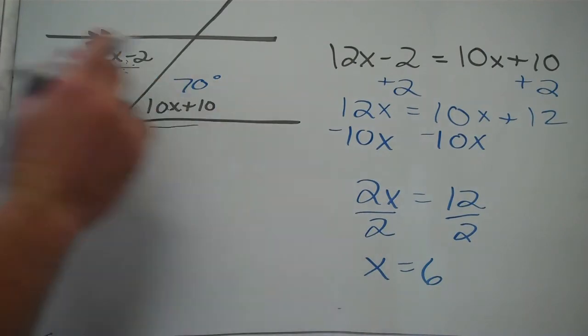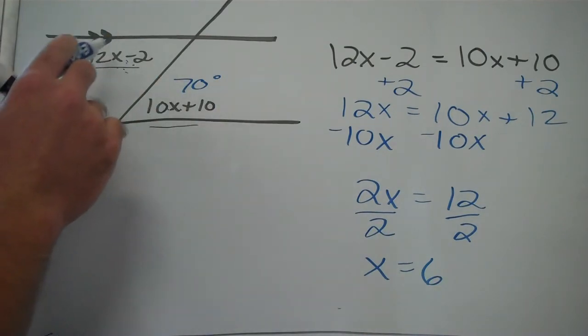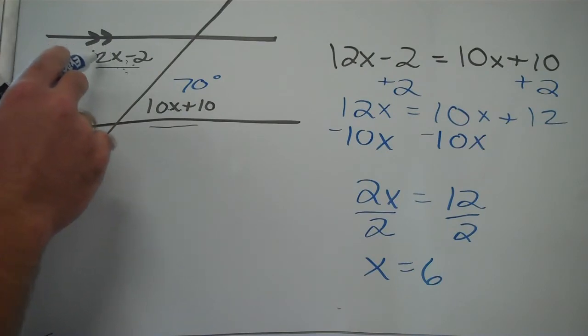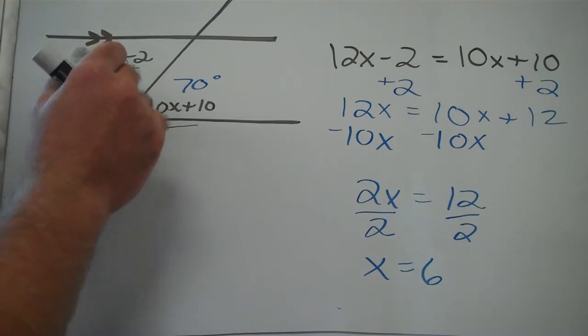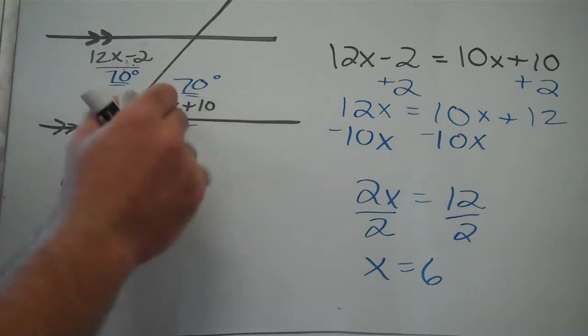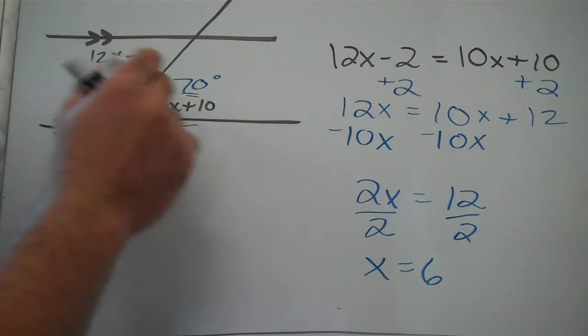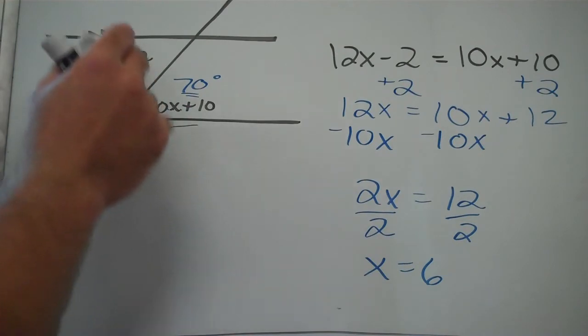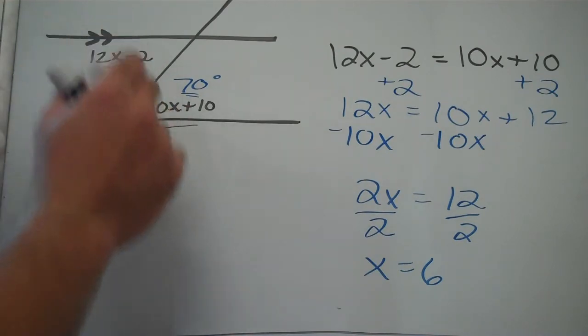If I come up here, I'll take 12 times 6, which gives me 72, subtract 2, and that angle measurement is 70 degrees. And now what we've learned is that those two angle measurements are equal, proving then that those two angles are congruent.